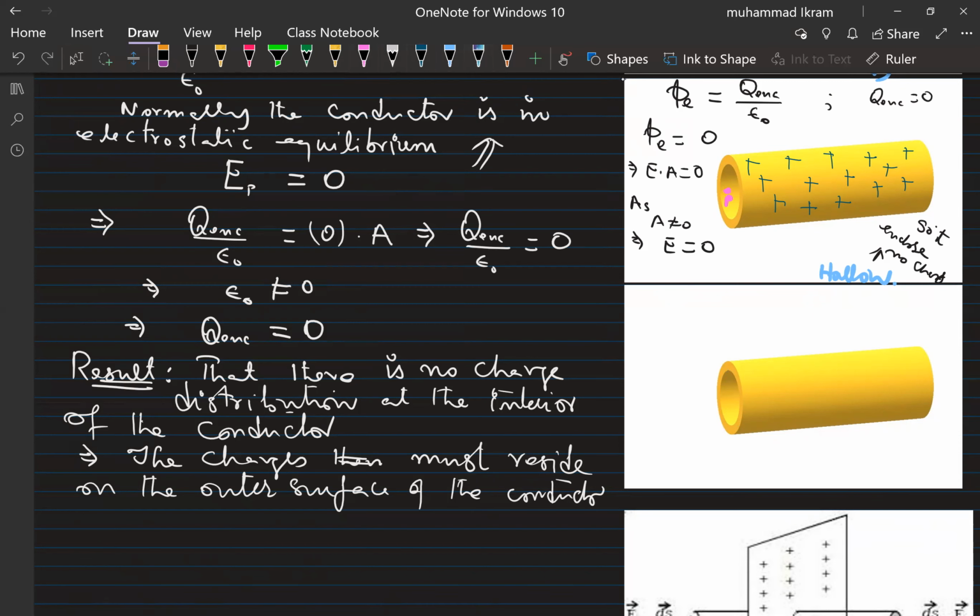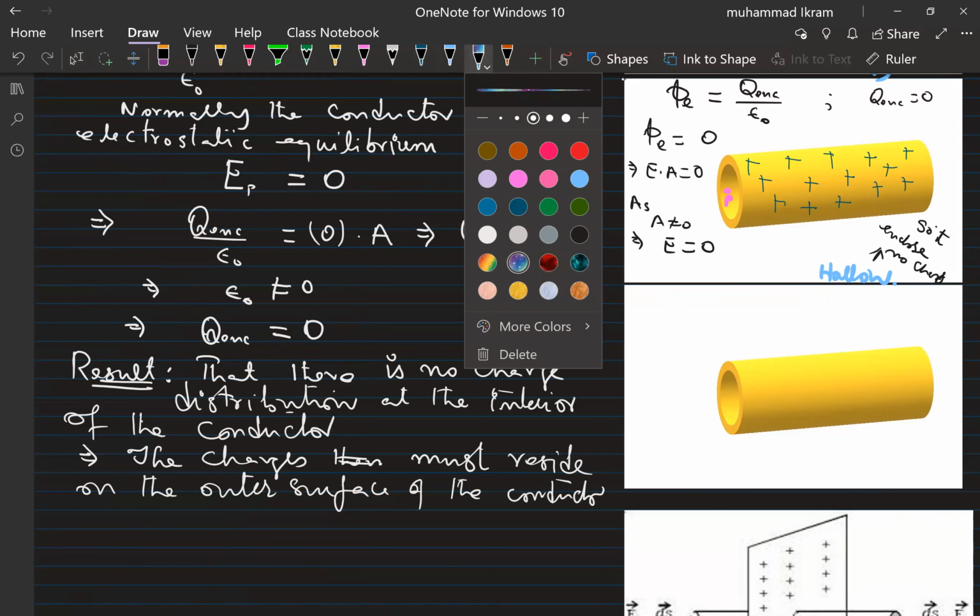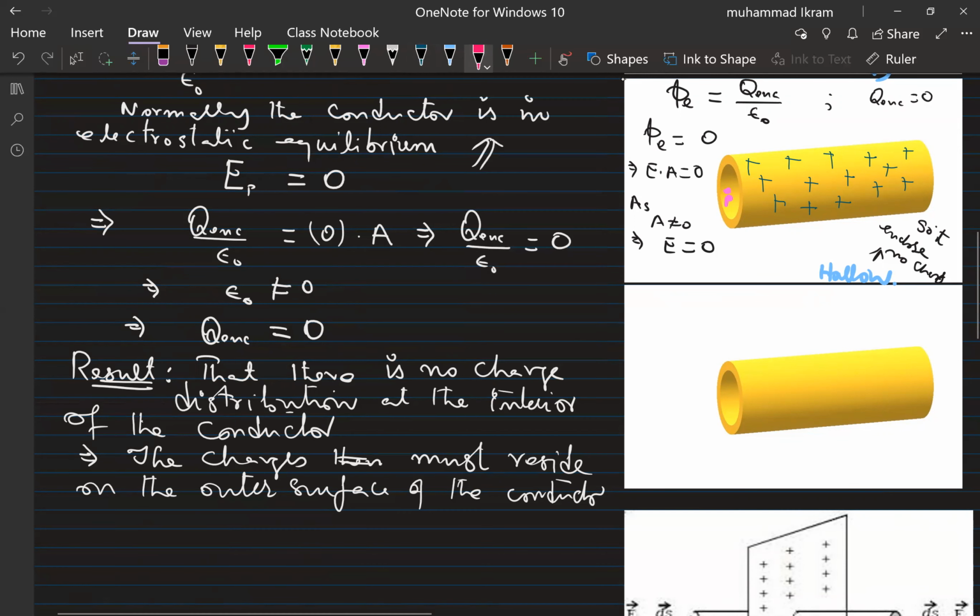This time I place a positive charge Q at the center of this hollow sphere, as you see. It encloses a positive charge Q. Now I just want to see where the net charge will lie.